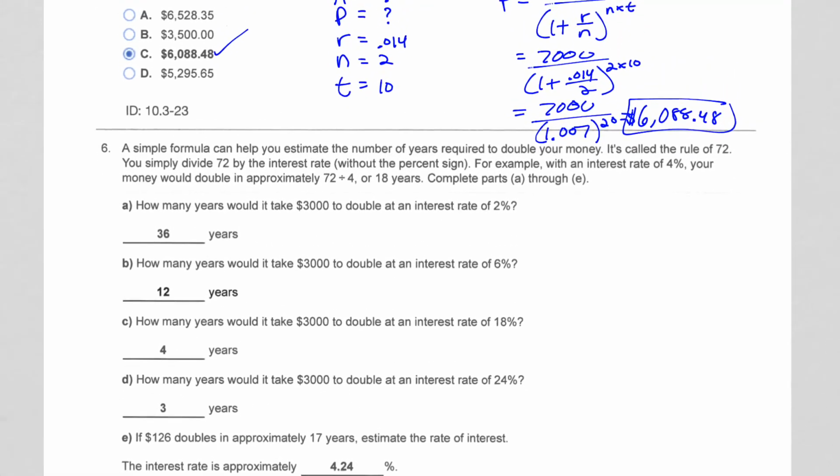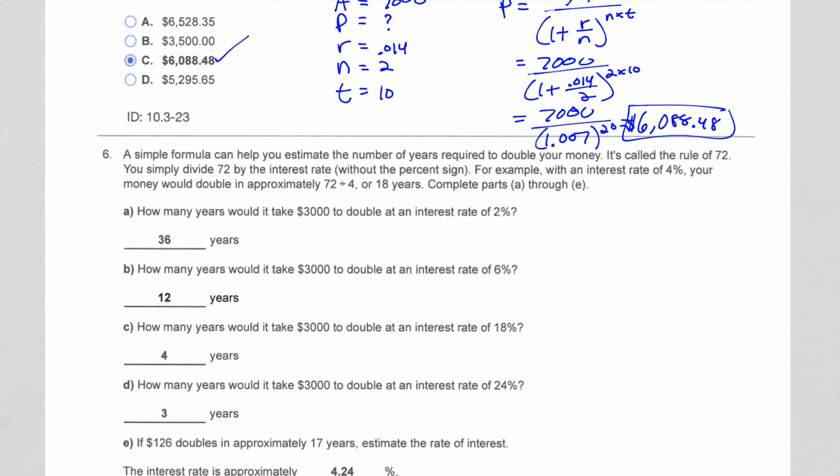Okay, rule of 72. Technically, it's a vocab word, but basically, where's it at? There it is. Simply divide 72 by the interest rate, okay? So, in this question, the definition is given to you. In the test, it will not be given to you, okay? So, basically, it's to double your money, all right?